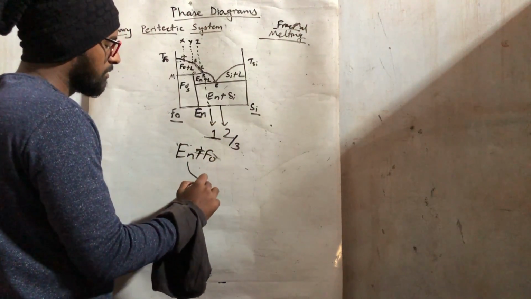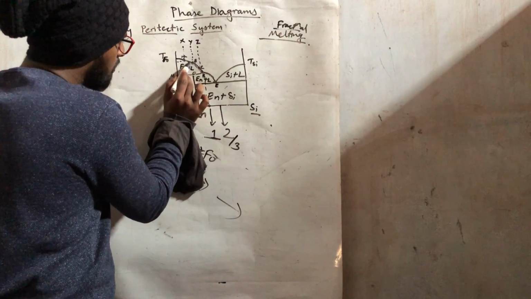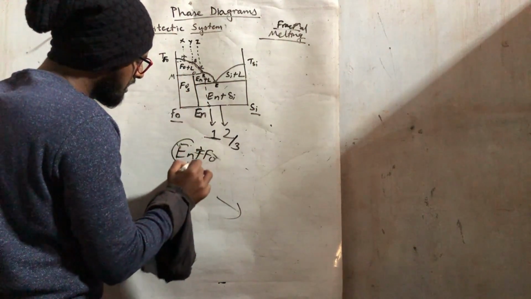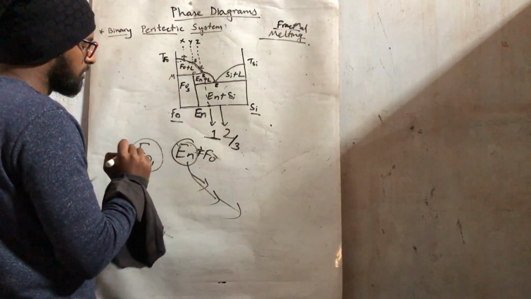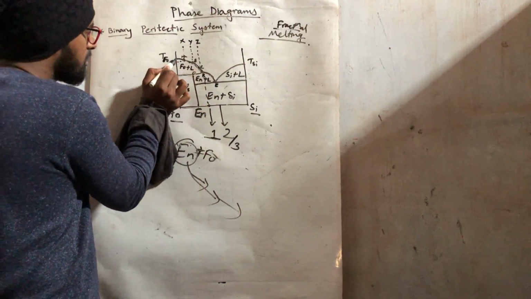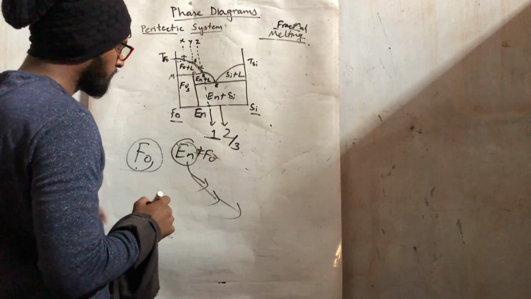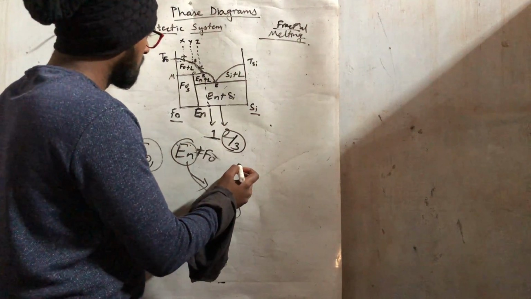The enstatite will be completely taken out and then there will be no melting along this line, and the final melting will be at this point, because the complete enstatite is taken out of the system and we have only pure forsterite. So for pure forsterite we need to increase the temperature to this, because this is the melting temperature of pure forsterite.